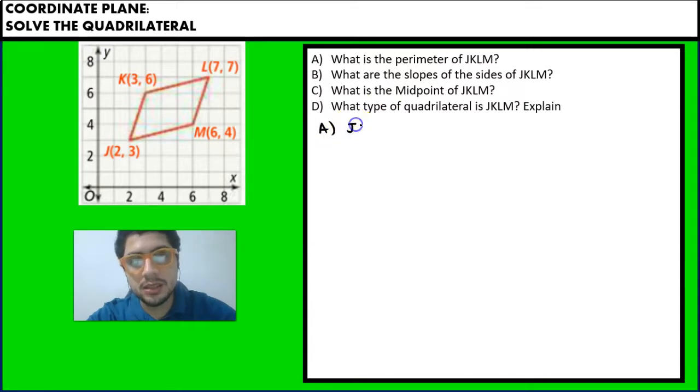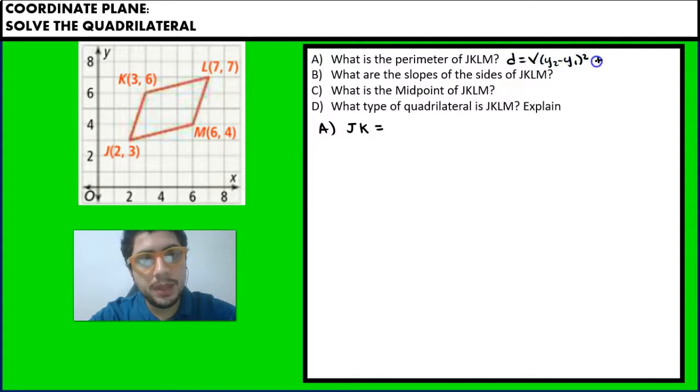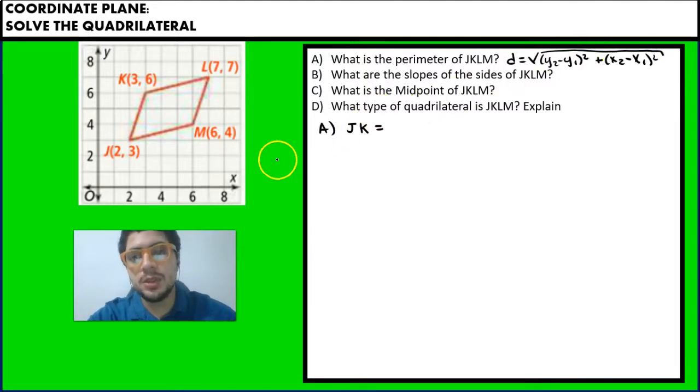So let's calculate JK. Now, you guys have to remember that the formula for distance is equal to the square root of y2 minus y1 to the power of 2 plus x2 minus x1 to the power of 2. Now, your point 1 and your point 2 are really going to be arbitrary.